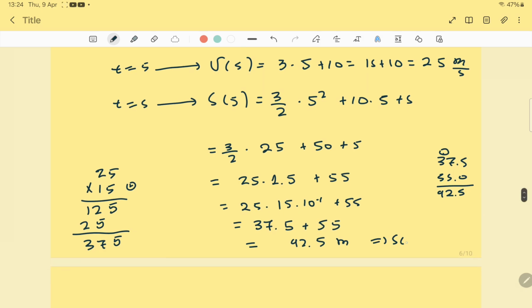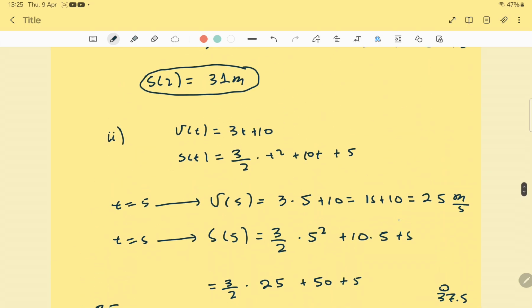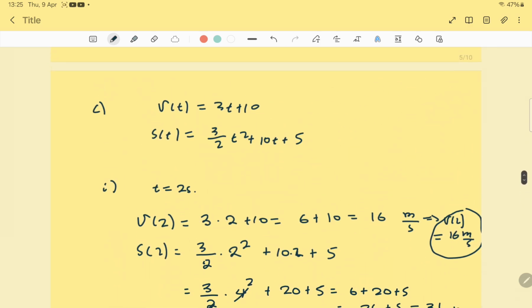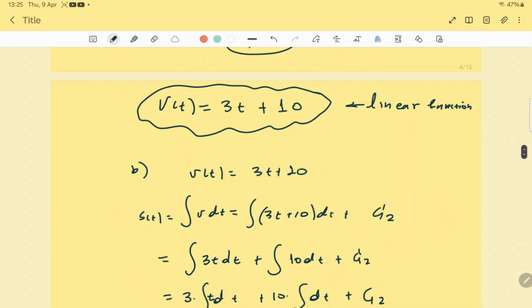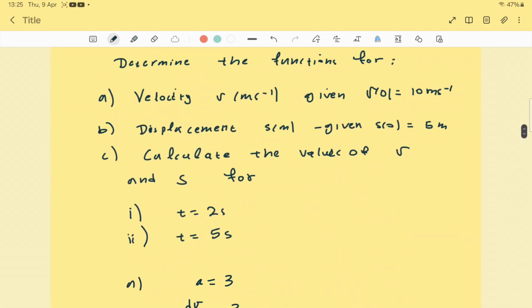So from here S5 is going to be 92.5 meters, and V5 is going to be 25 meters per second. And we are pretty much done for this part.